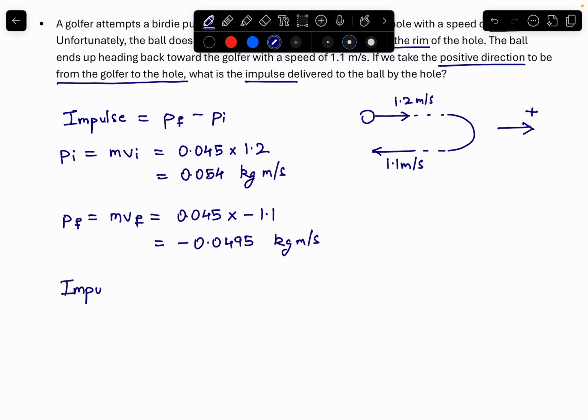So calculating the impulse, it's final momentum, which is negative 0.0495, minus the initial momentum, which is 0.054. Just calculate this real quick.